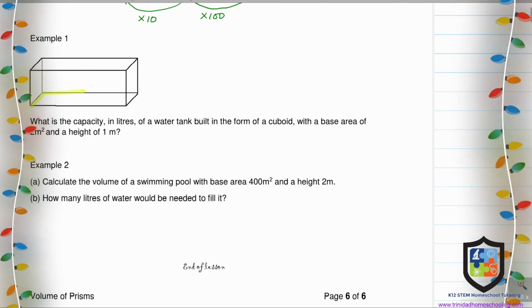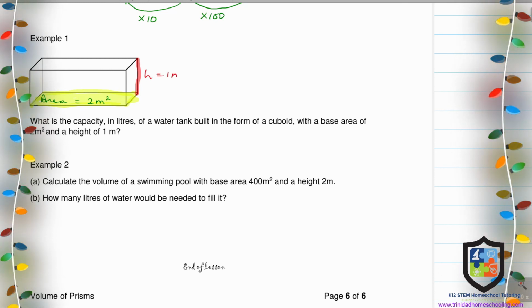My base area is going to be this entire shaded region here, so my area is 2 meters squared. My height is this line here, 1 meter, and we need to find the capacity.